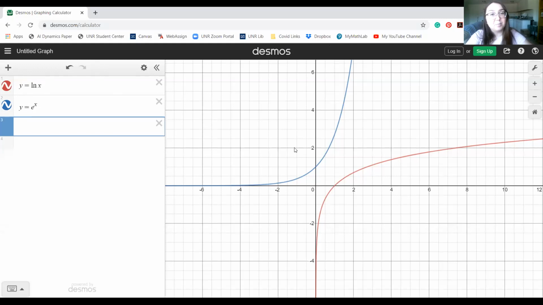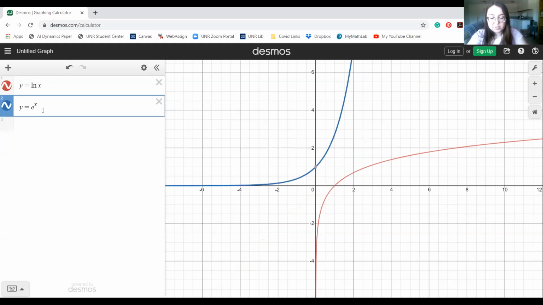It's just that they are mirrored, like we talked about last time. They're not mirrored about the x-axis, and they're not mirrored about the y-axis, but they are mirrored around the line y equals x. And we see here that they are totally mirrored, so we know that the natural log of x and e to the x are completely opposites of each other.